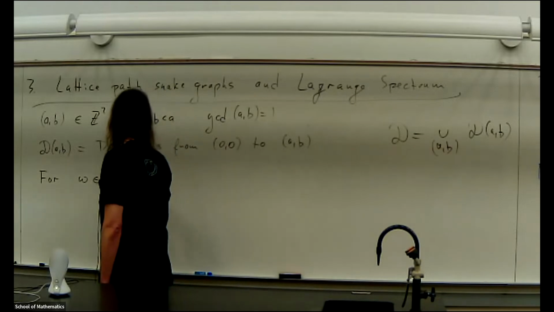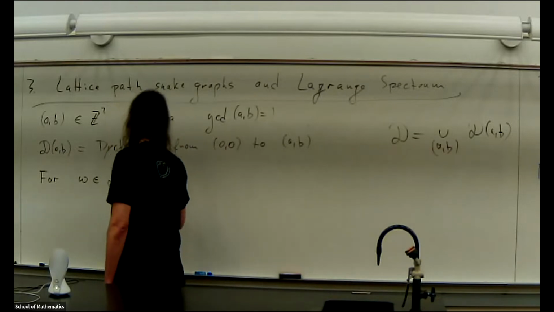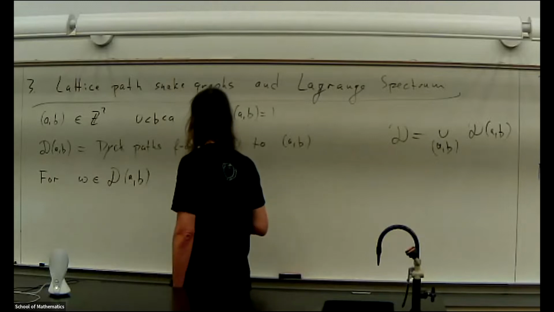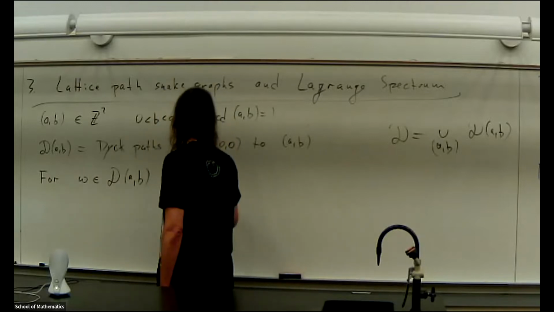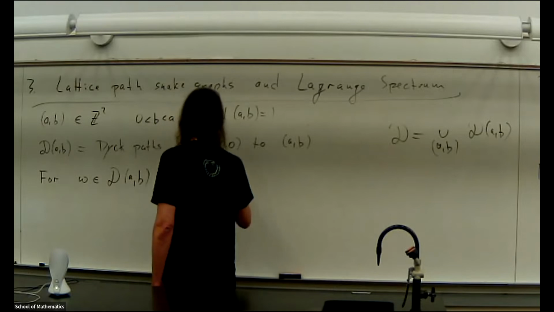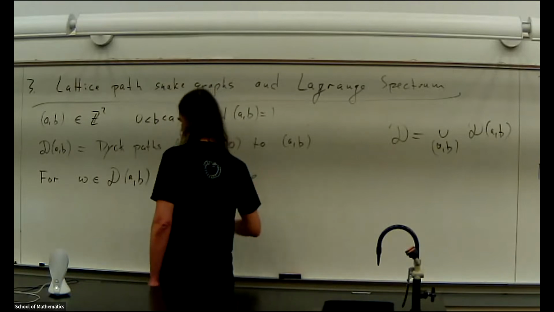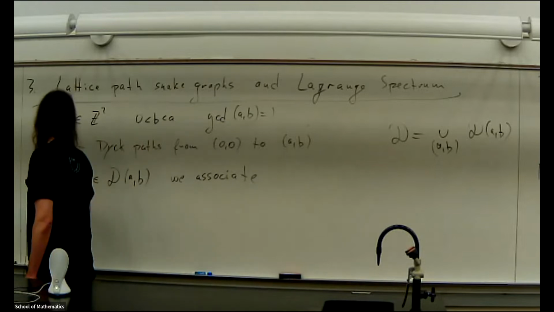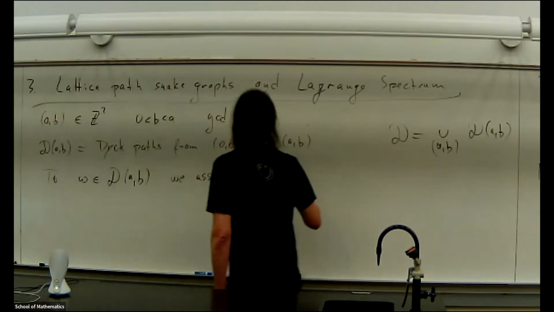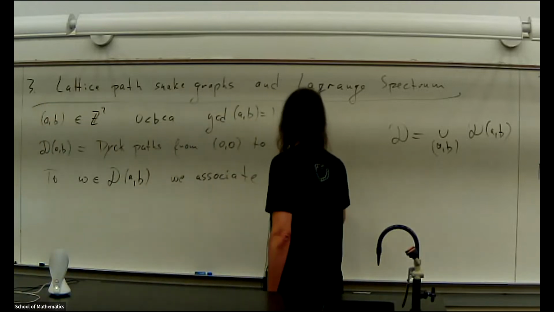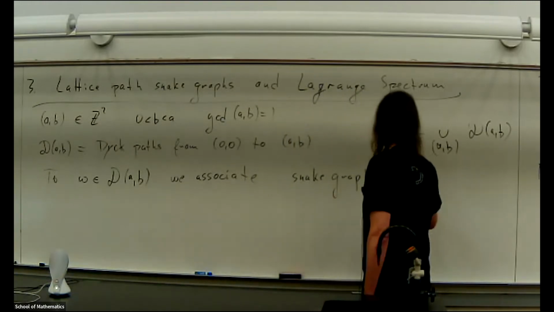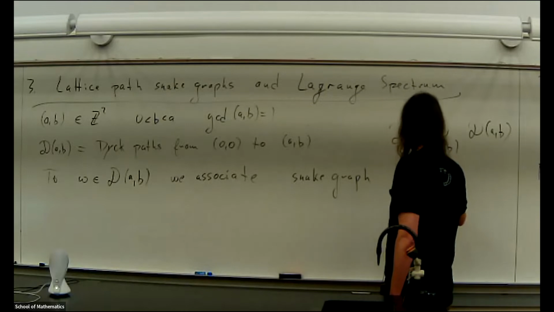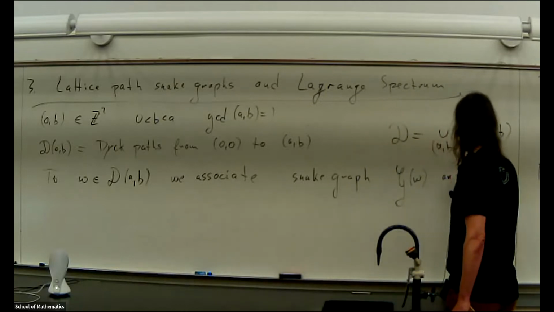And for any path w, we associate, so it should probably be 2, we associate a snake graph and a band graph.